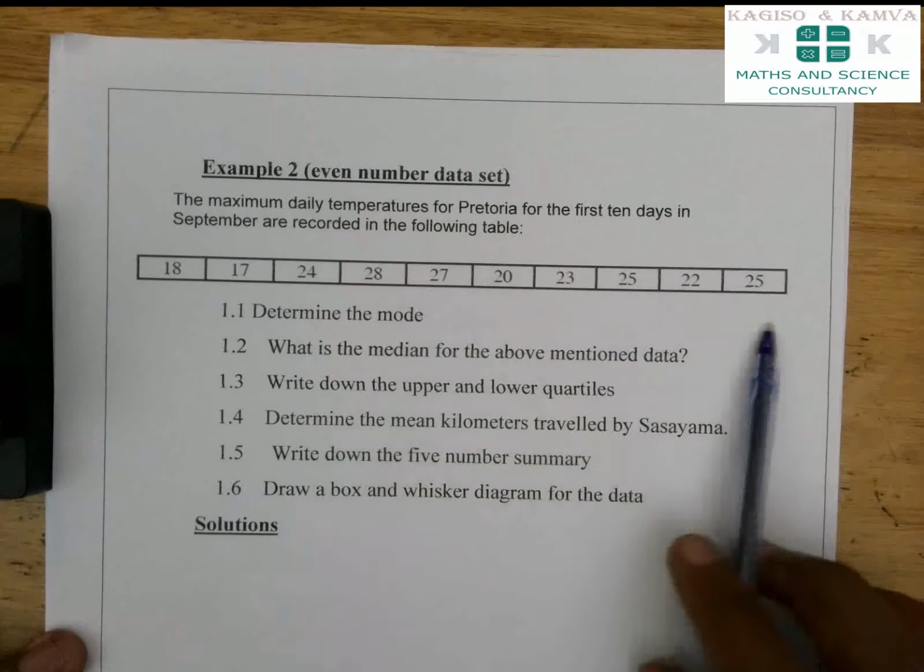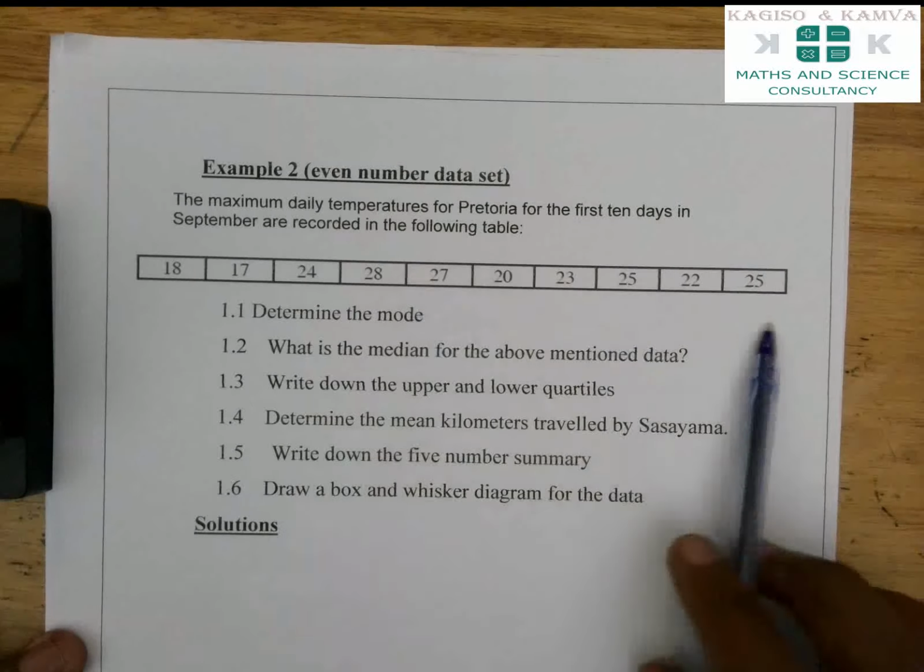The maximum daily temperatures for Pretoria for the first 10 days in September are recorded in the following table. Determine the mode. Before we can determine the mode, we will have to rearrange this data set in ascending order.